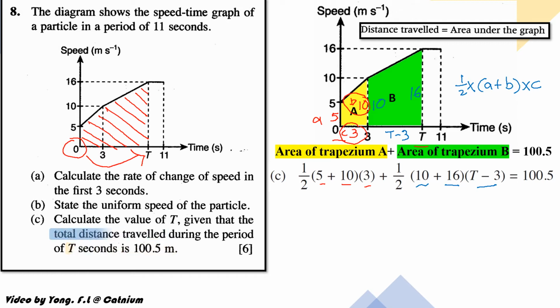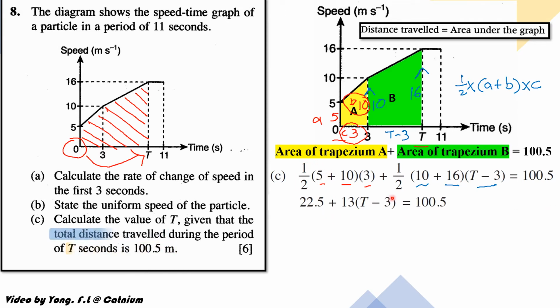For example, for trapezium B, garis ini selari dengan garis ini. That's why a is 10, b is 16. So a plus b. After we have this, the rest of it is basic mathematics concept. Kita selesaikan.